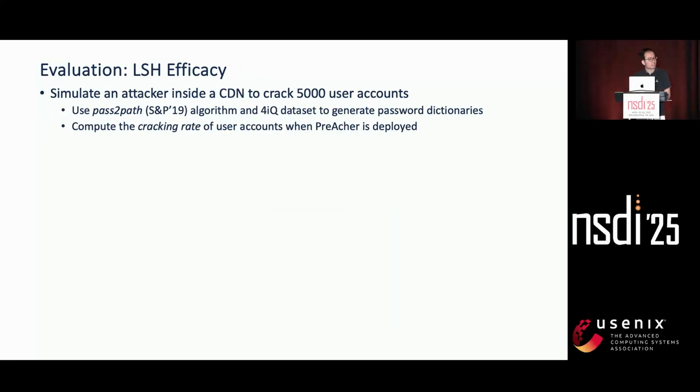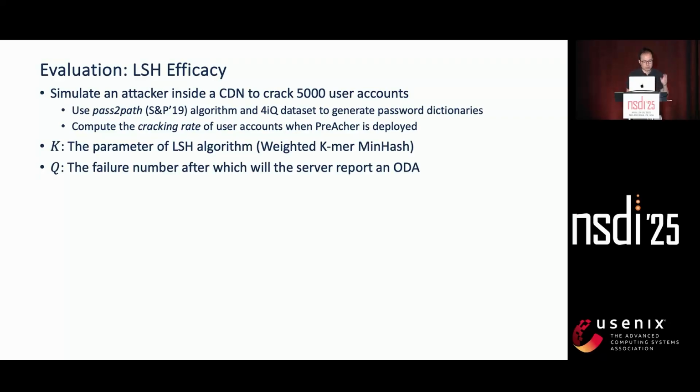We also evaluate our LSH efficacy. We simulate an attacker inside the CDN to crack 5,000 user accounts. And we use the algorithm PASS and a dataset, 4IQ, to generate a password dictionary for each user. And we compute the cracking rate of user accounts when PreAcher is deployed. Here, the cracking rate is determined by two parameters.